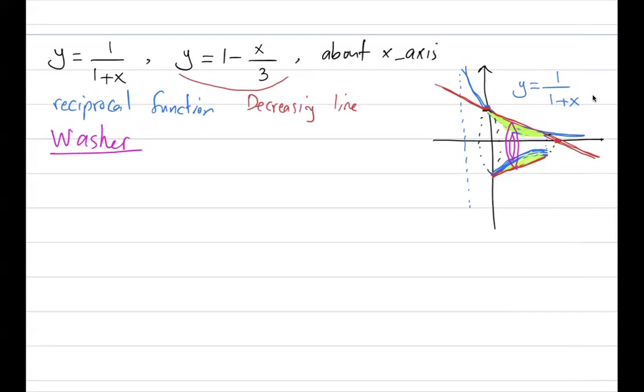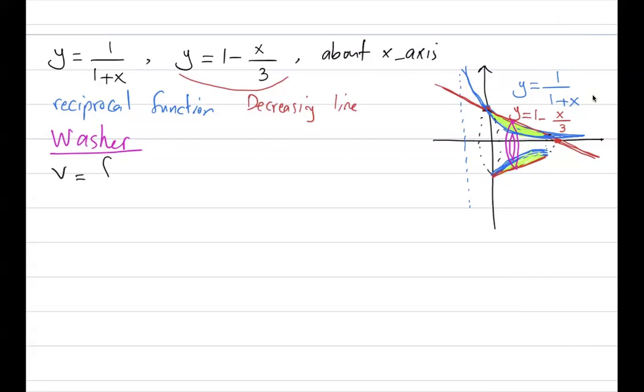So the larger radius is located on the line y equals (1 minus x) divided by 3, and the smaller radius is located on the reciprocal function that you have. Okay, perfect. So let us set it up.